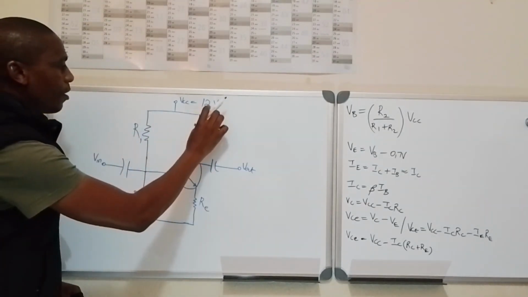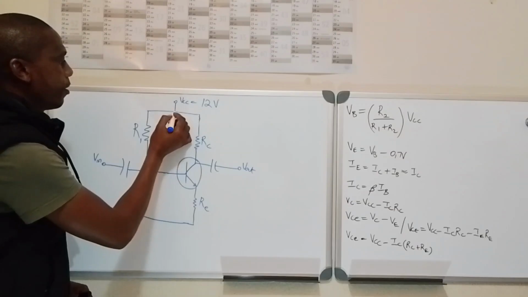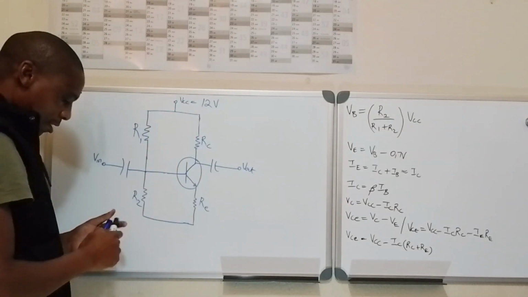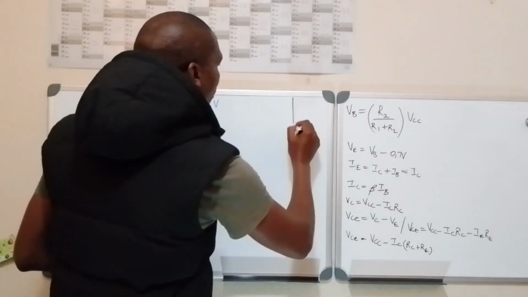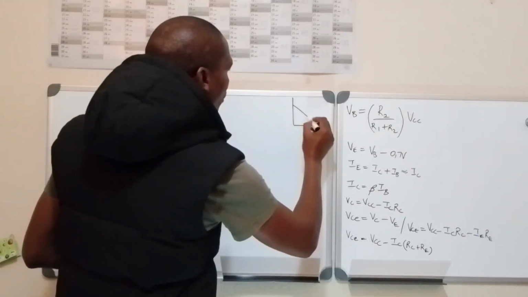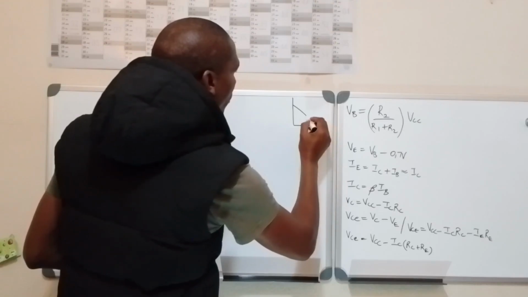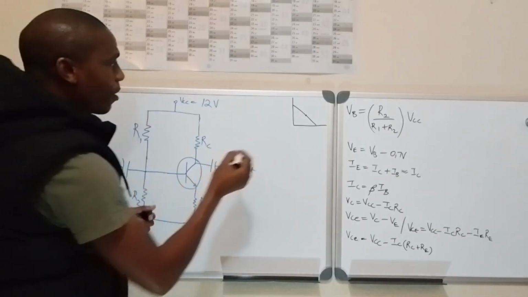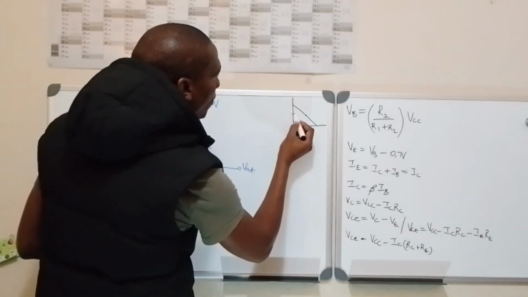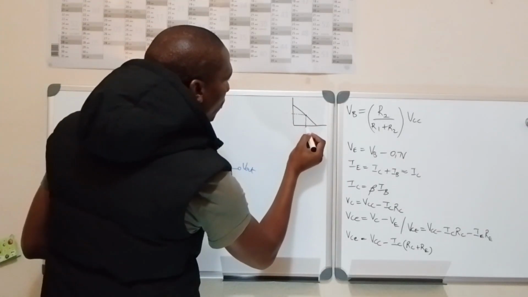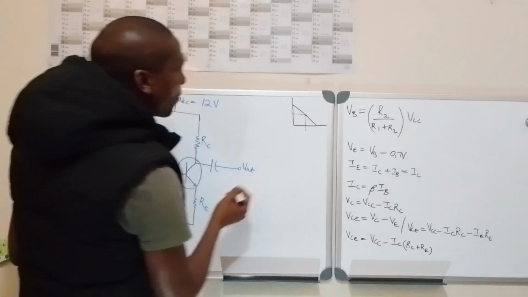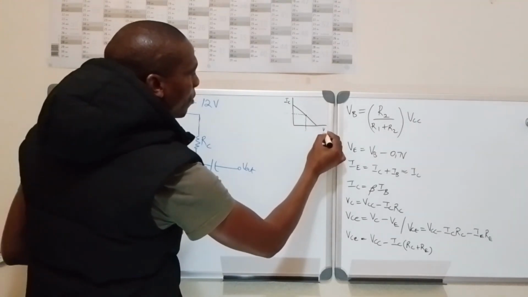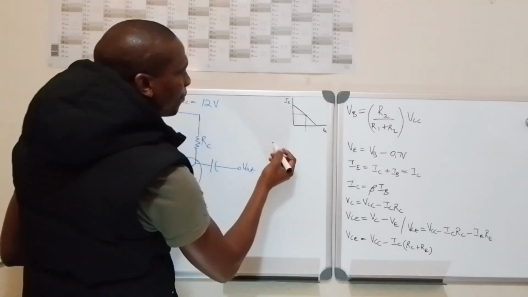Now we want to bias this transistor in such a way that the Q point or the operating point is in the active region. We want to use this transistor to amplify the signal. Our IC will be here, our VCE will be here.